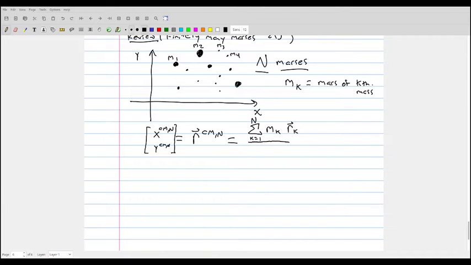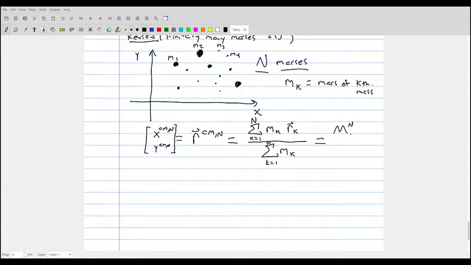And this will be divided by the sum of all the masses.